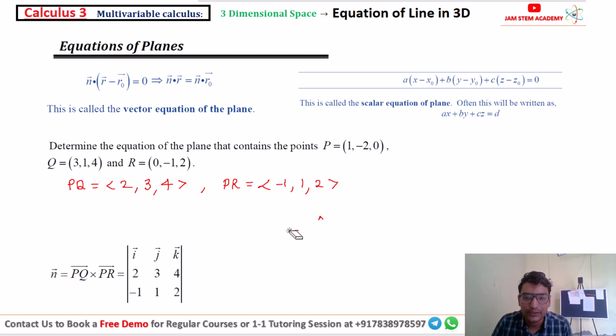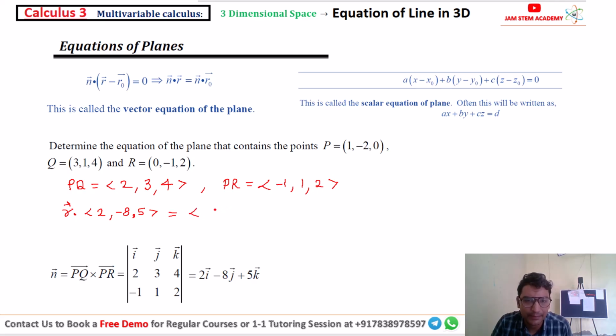Once we have the normal vector, we can use any of these 3 points to get the equation of the plane. Here I am going to use the vector form. I'll write it like this: r dot n, so r as it is, dot n, which is 2, minus 8, 5, equals the dot product of any point.